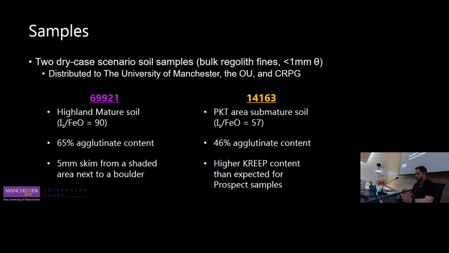Aliquots of these samples were distributed for measurement at 3 institutions across the Prospect science team. And the idea being that we would cross-calibrate across these labs and then to the lander itself.